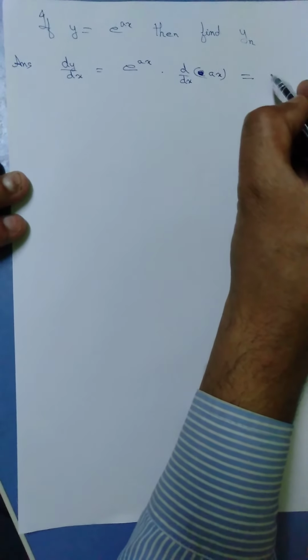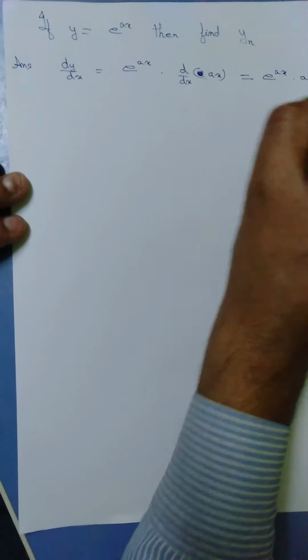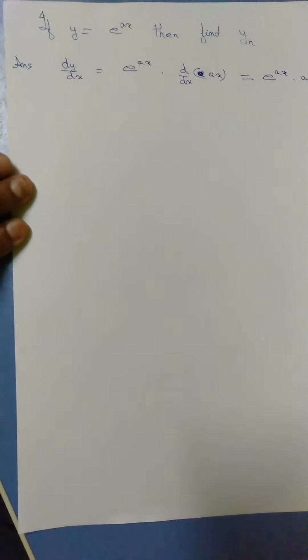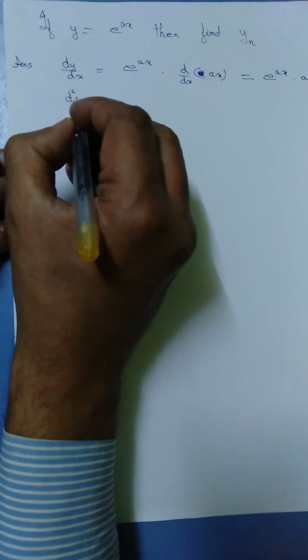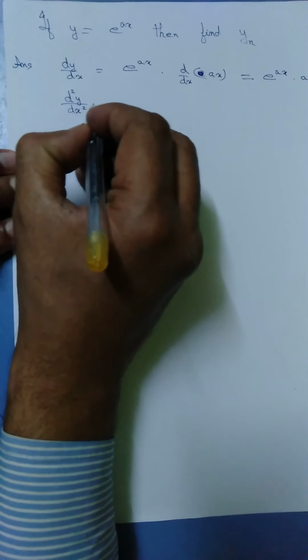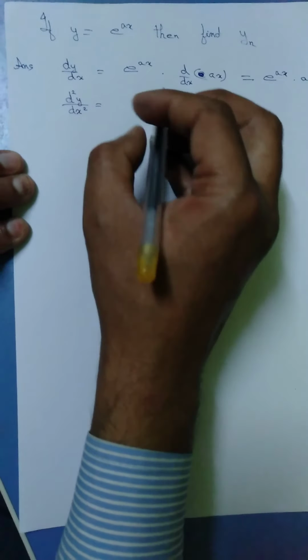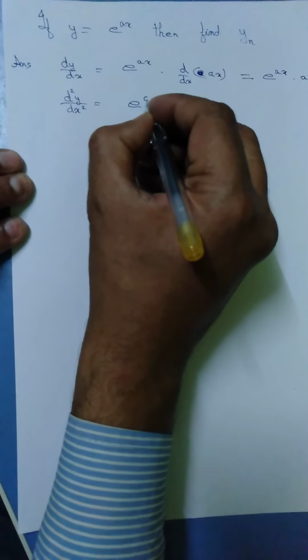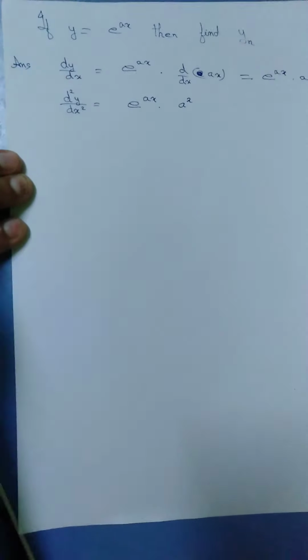That is just e to the power ax into a. What about the double derivative? Same thing, we differentiate it again, e to the power ax into a square.